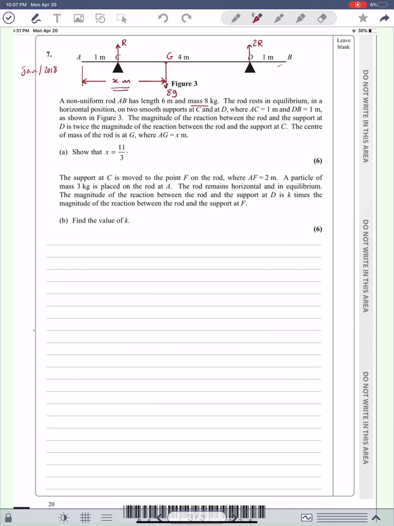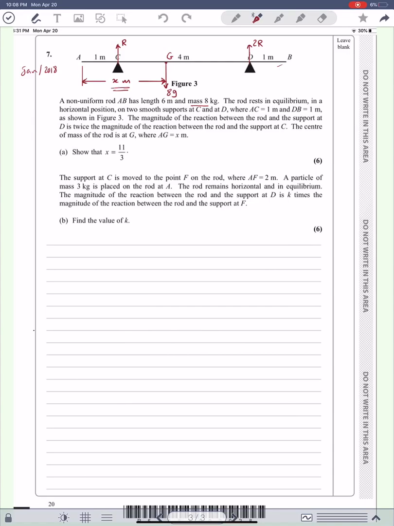Remember, when he tells us in the question we have an algebraic relationship between the reactions of the supports, don't write many symbols, many letters. He said the reaction at D is twice, so write the reaction at C as R. Don't write RC and RD.